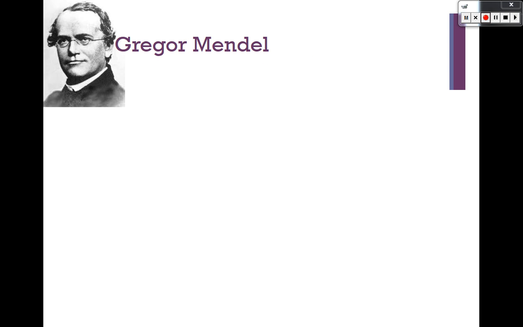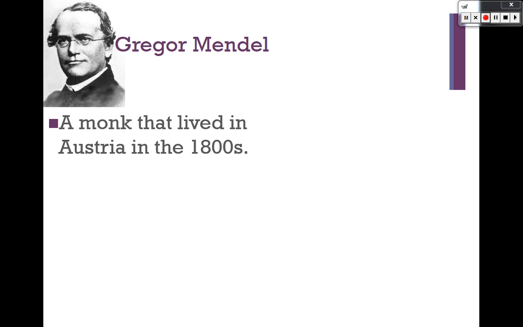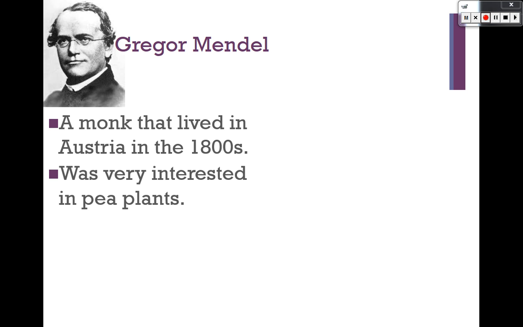So there was a guy, a little bit of history, named Gregor Mendel, and he lived in the 1800s in Austria, and he did a lot of the early genetic work around traits. He was really interested in pea plants, the ones that make pea pods. He was a gardener.